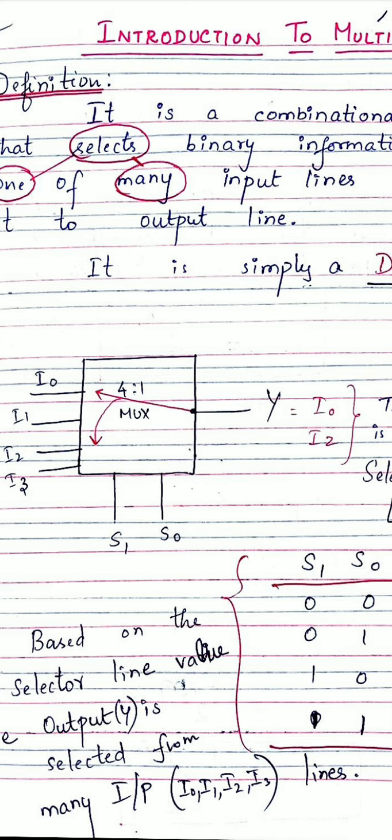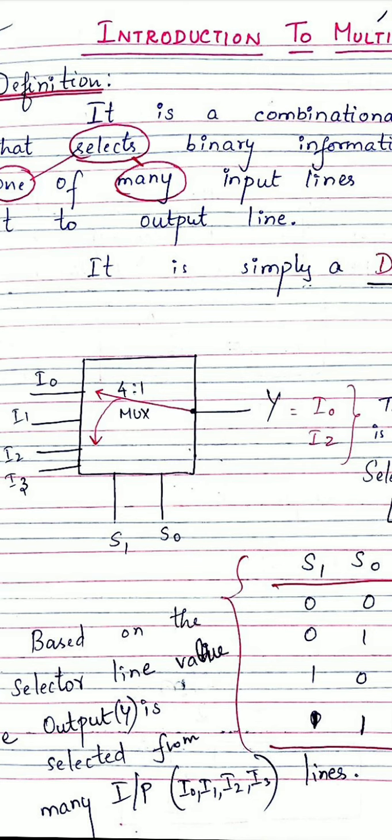This is simply the same as your TV. In your TV, many programs are offered to you. So there are many input lines, that is, many channels, out of which, using a remote control, you choose only one channel. At a time you can see only one channel on the TV.